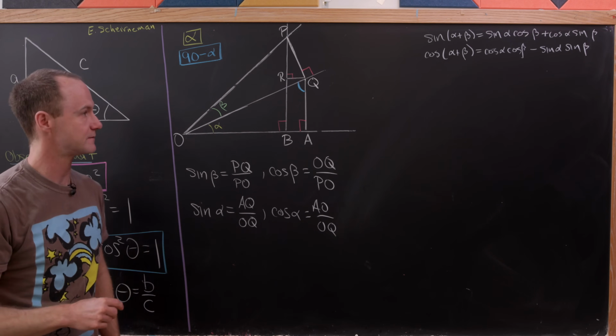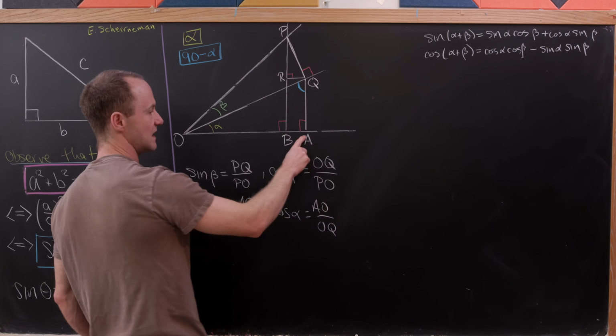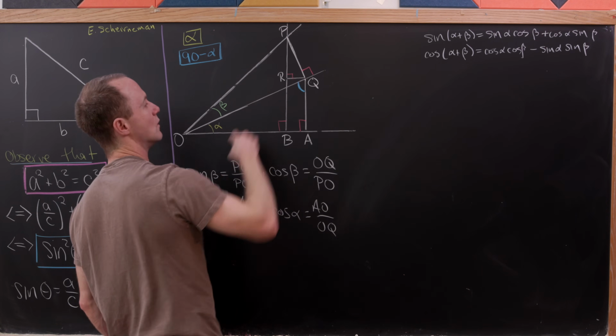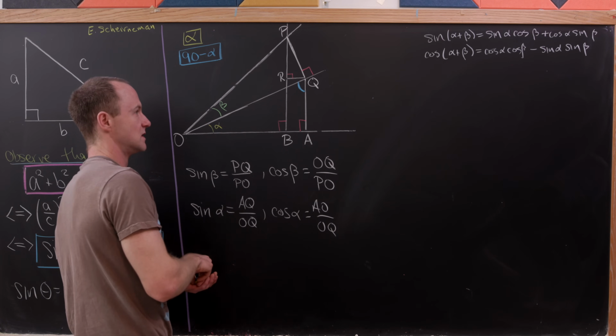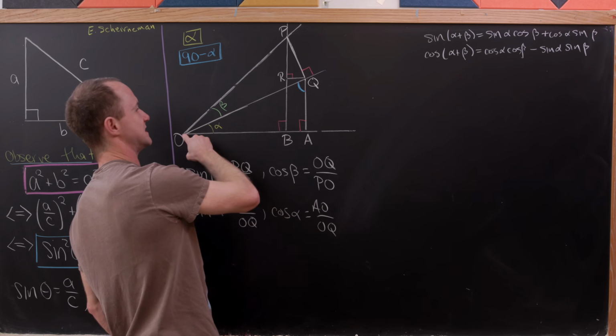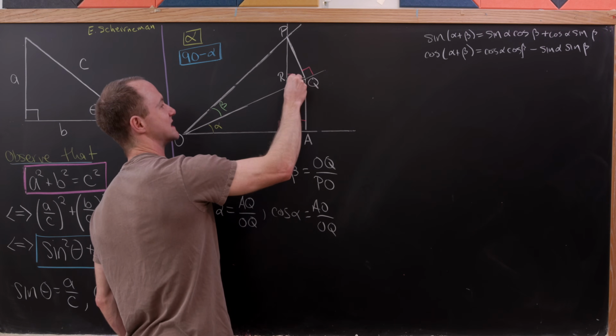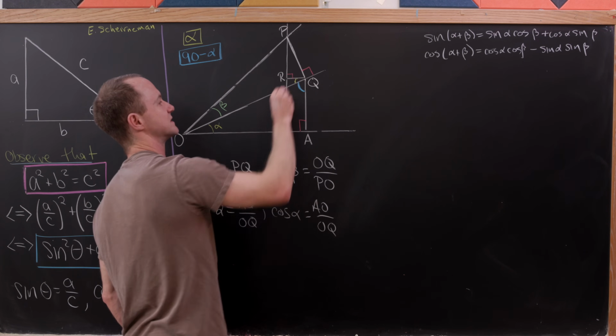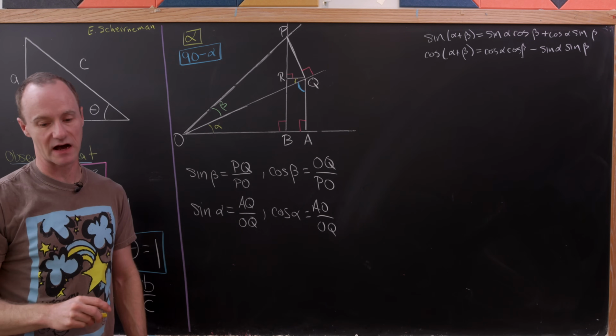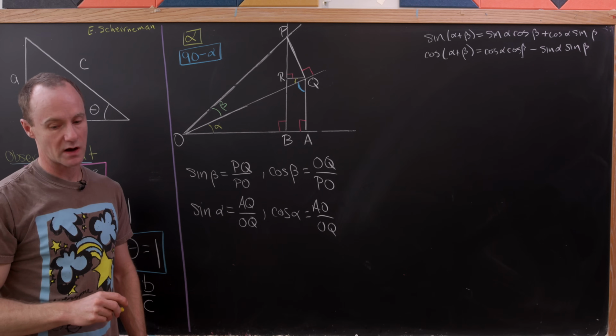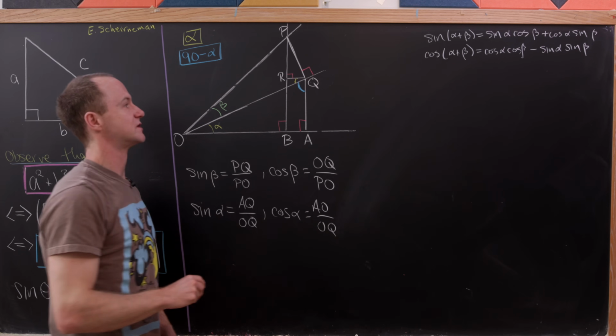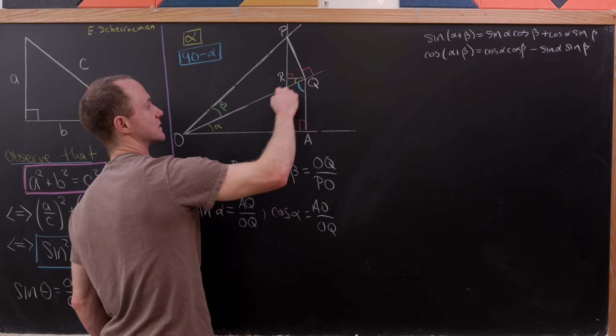So we've got that. But then this angle AQR is a right angle. So that makes OQR the complement of alpha. In other words, that's going to be alpha again. So we know that that angle is alpha. Then where can we go from there? Now we know that this angle is a right angle.